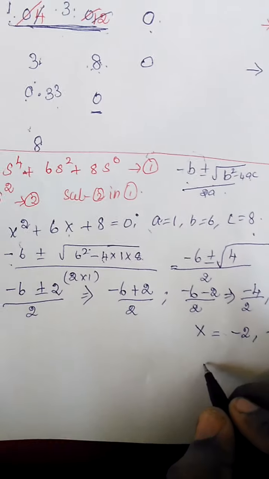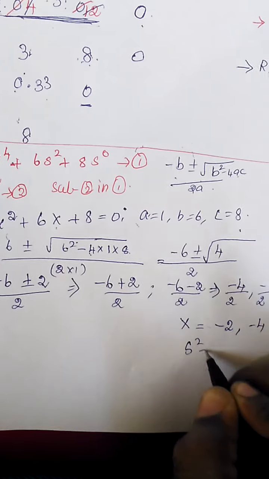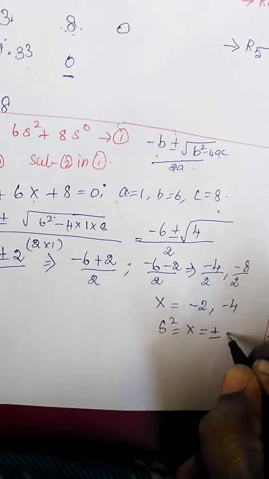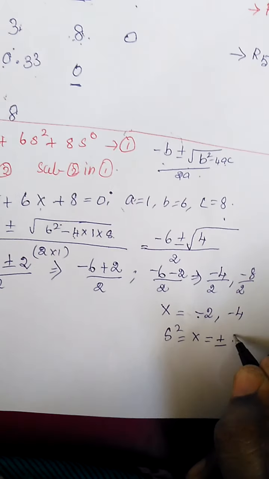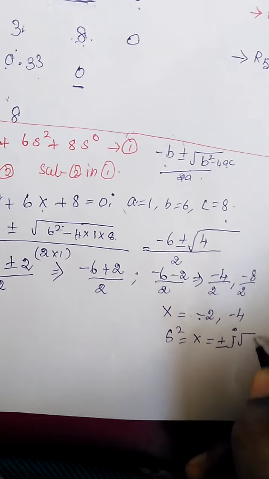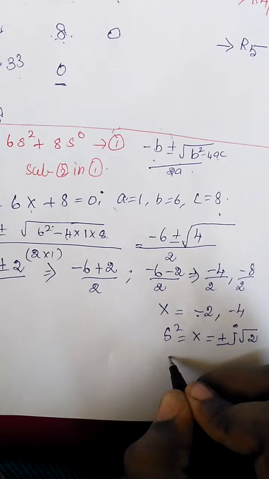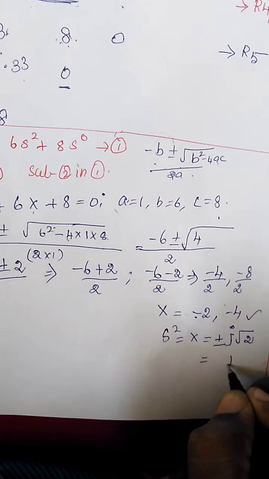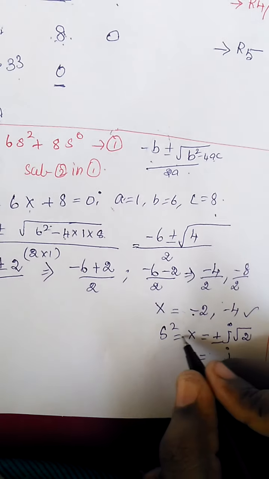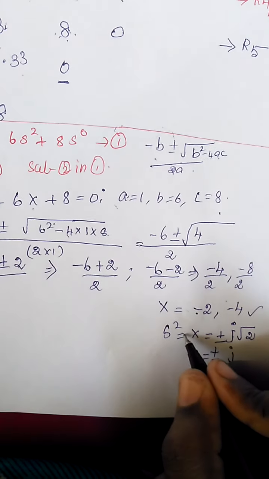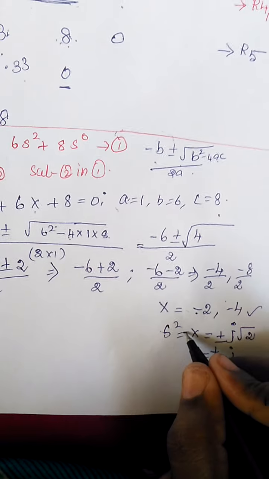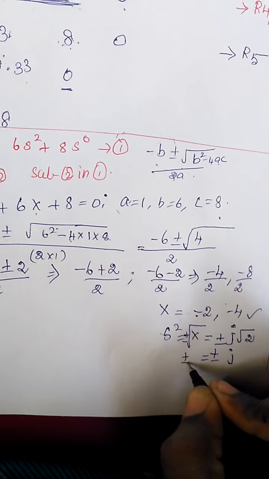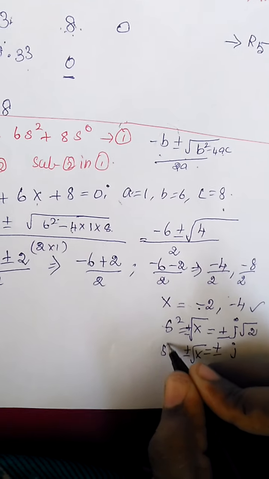So s squared means the x value, so plus or minus, here a minus sign is there, so minus sign means j, so root 2. Then again for the other part, minus 4 is there, so minus means you take the j value. So plus or minus, that means s squared equals x, so s is plus or minus root x.